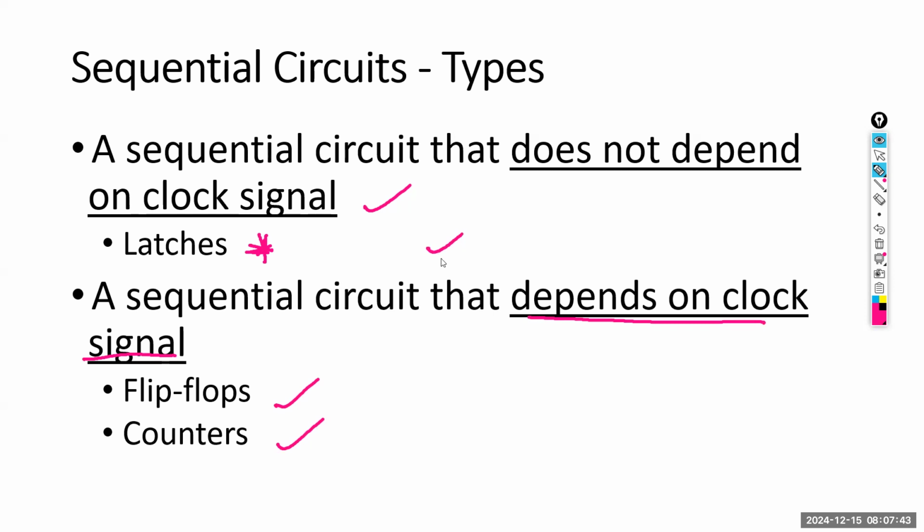Those are relatively easy to understand because they do not depend on the clock signal. But anyway, the output is fed as input, so those are sequential. Then we will move on to sequential circuits that depend on the clock signal. Those are flip-flops and counters, but we will only look at the flip-flops. Right.